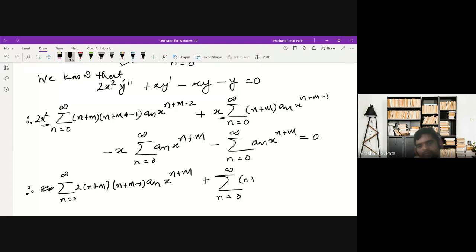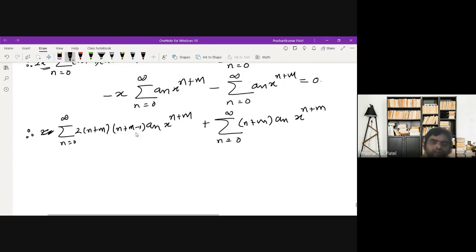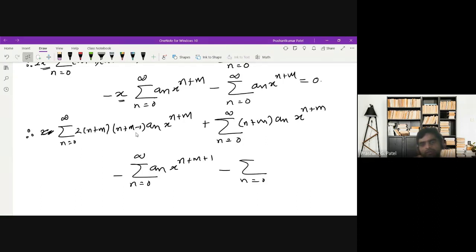So that's why it is n plus m an x raised to n plus m. In the third sum, you can see that this x is multiplied inside. So it is minus summation n running from 0 to infinity an x raised to n plus m plus 1. Then it is minus summation n running from 0 to infinity an x raised to m plus n equal to 0.